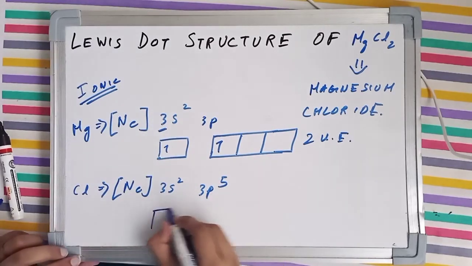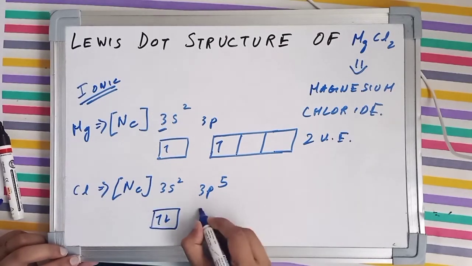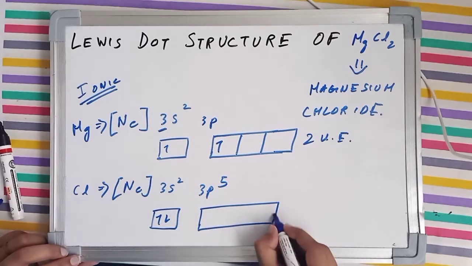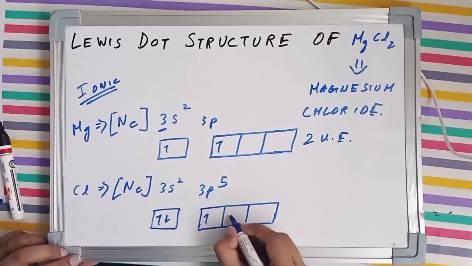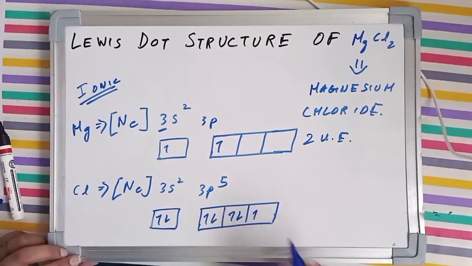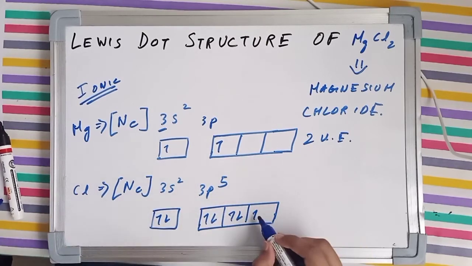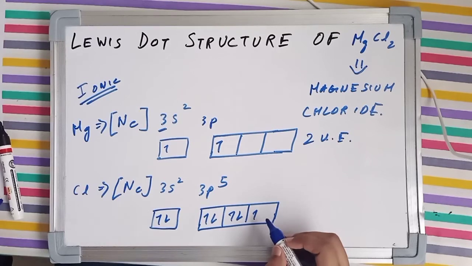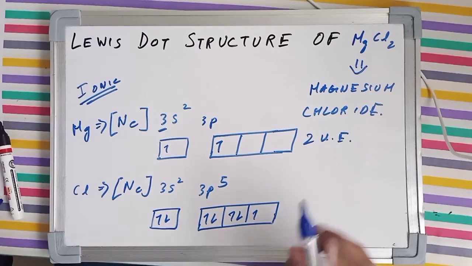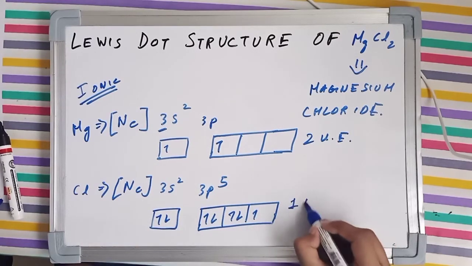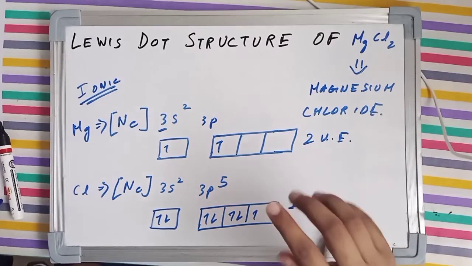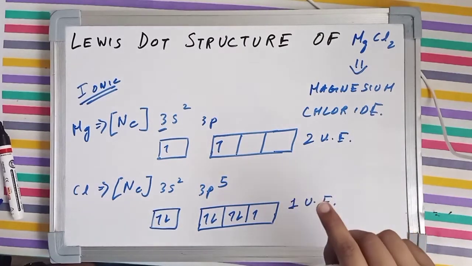Now the orbital diagrams are like this. According to Aufbau's rule, I filled in successive orders. So it has a single unpaired electron, just one, so it will make just a single covalent bond.